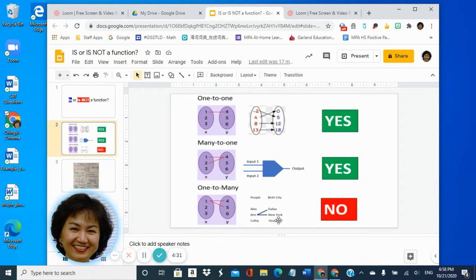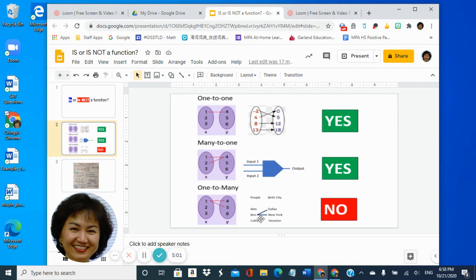You can also see it from this example. The left side represents different people. The right side is for different cities, the city they were born in. Now, if it's a many-to-one relation, it could be that all these 3 people were born in Dallas.